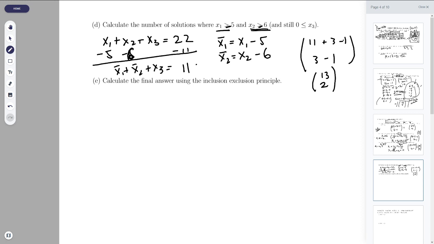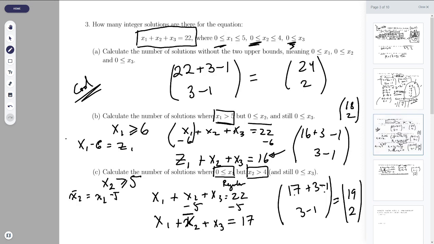So now we want to calculate the final answer using the inclusion-exclusion principle. What have we been doing these past few minutes? We've been reusing the same formula over and over. Let's think about it. We want the solutions with all of these constraints.